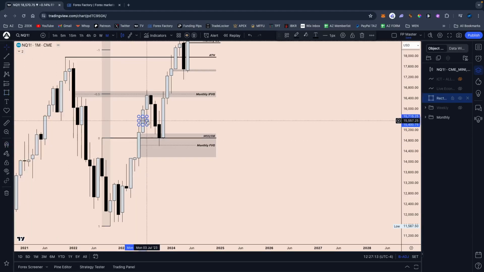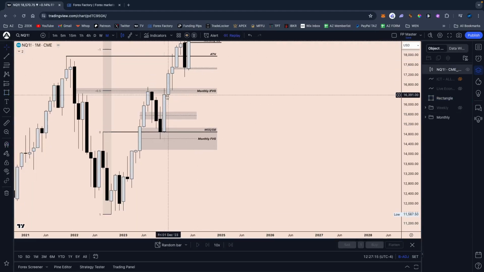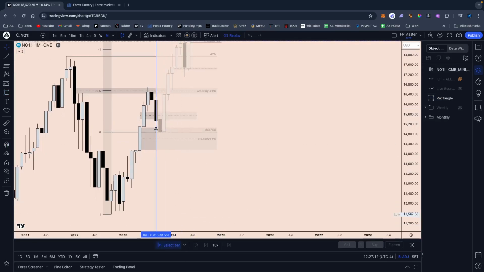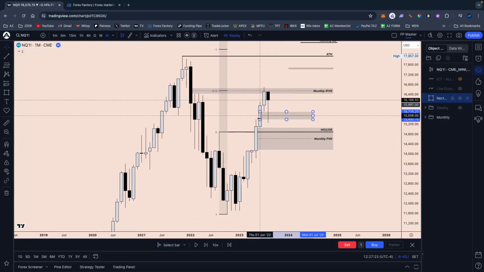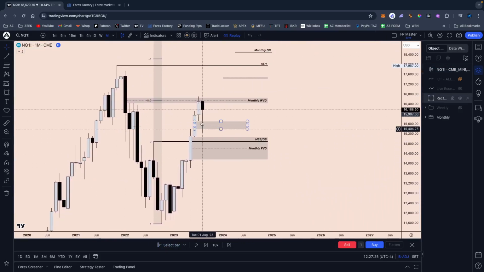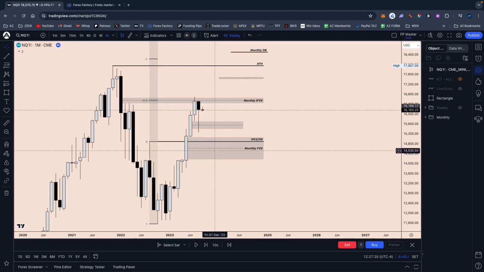So at this point in time, if I select bar and go to this monthly time frame bar, this is very similar to what we see on a weekly time frame right now. We filled in the highest bullish fair value gap, but we have more inefficiencies below that we could be filling in potentially. The week ahead.